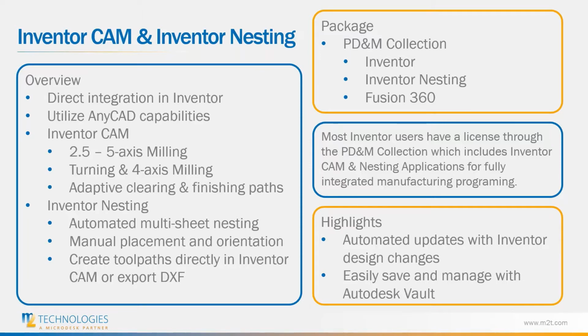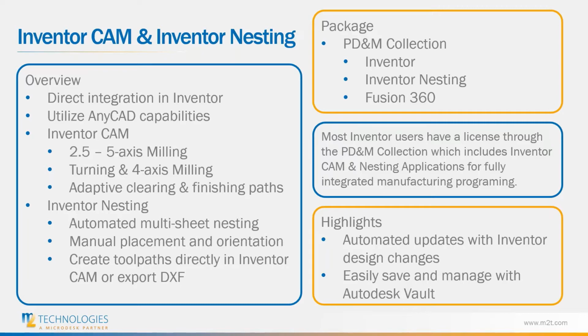Within Inventor CAM, you have 2.5 to 5-axis milling, as well as turning and 4-axis milling operations. And lastly, it has specialized adaptive clearing and finishing paths to help quickly optimize your tool paths to get your parts created faster and with the highest precision possible.